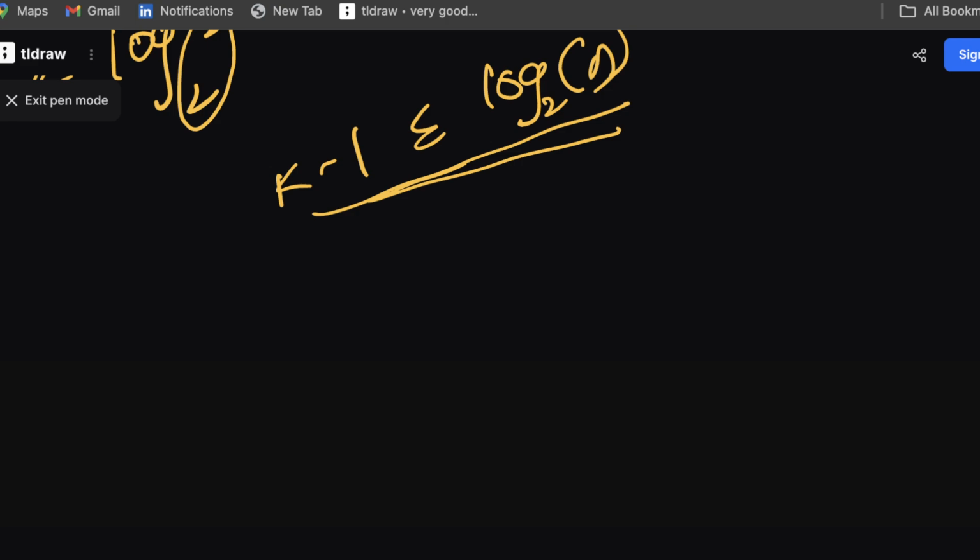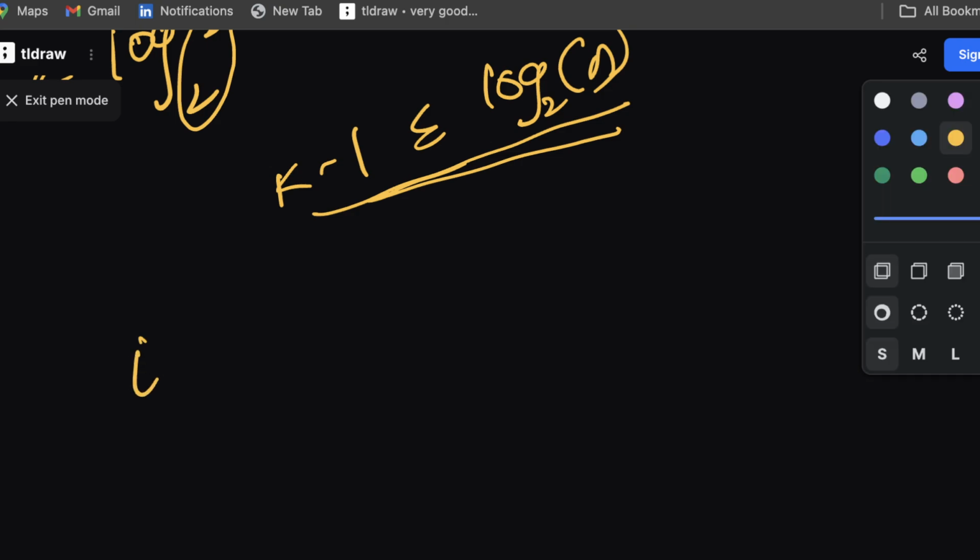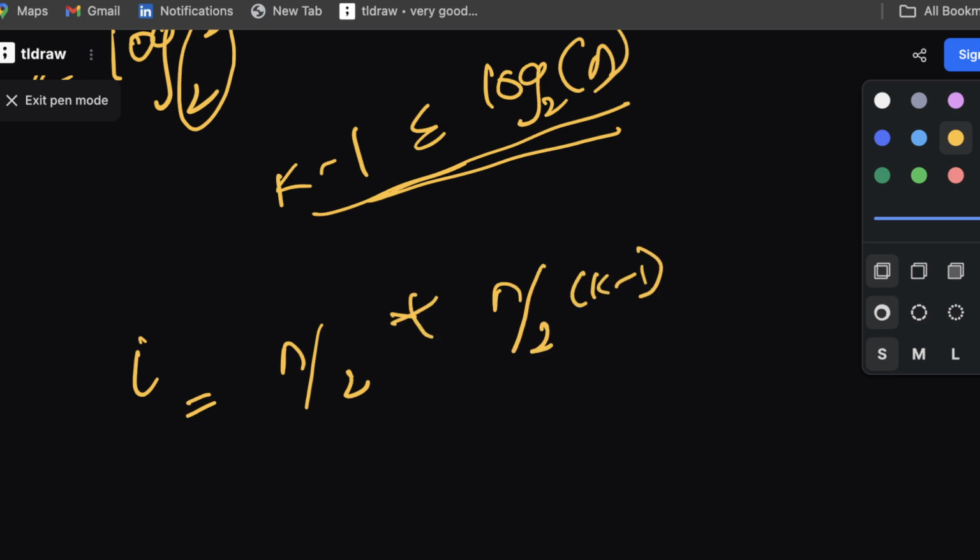And then when I do that halving, so this is going to be n, then this is going to be n by 2 power something, right? So this is going to be 2 power k minus 1.